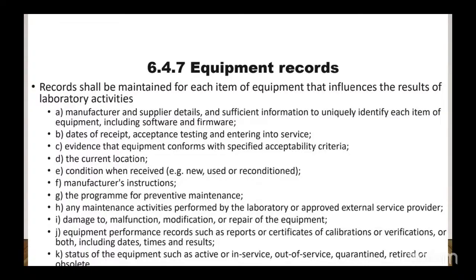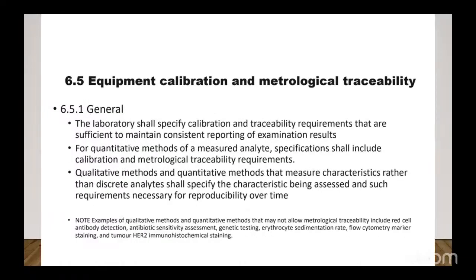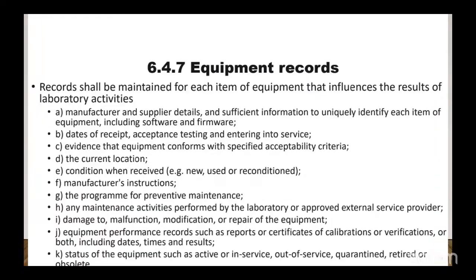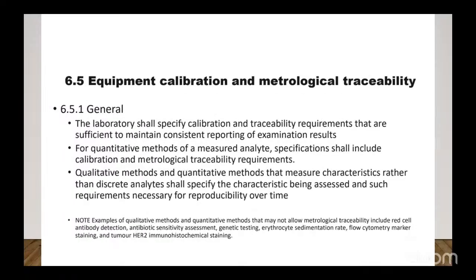The status of the equipment, if it's obsolete, everything has to be there. So these are records. Other records also include your incident report for that equipment, or your error log. All these are part of equipment management. So when you have all this, it helps you to manage the equipment. So these are very, very important. For each equipment in your facility, you should be able to have all these records.